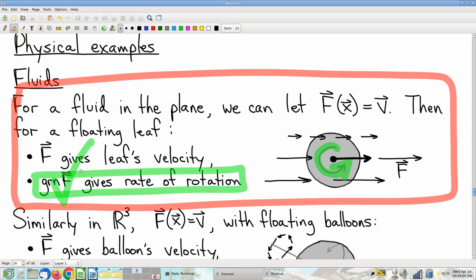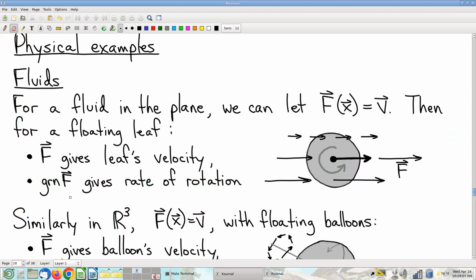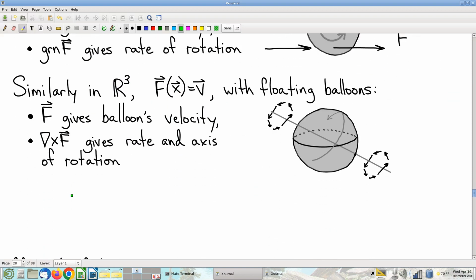Very cool, very powerful. So here's the analogous thing in 3 dimensions. Again, we've got a fluid. This time I'm thinking of the fluid as being air. I find this more satisfying. I don't like to visualize myself being surrounded by water.